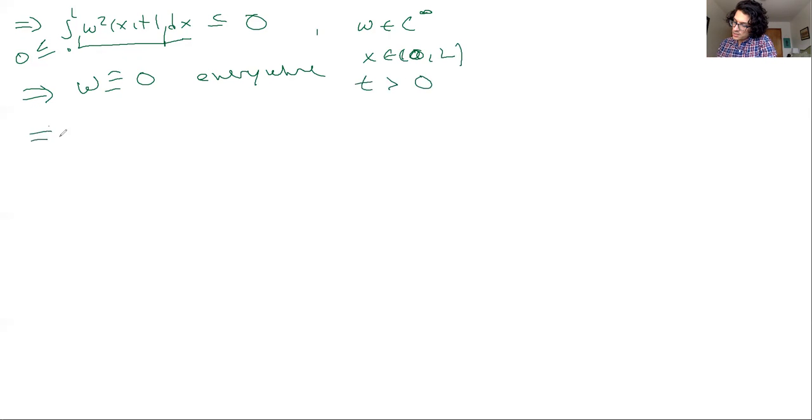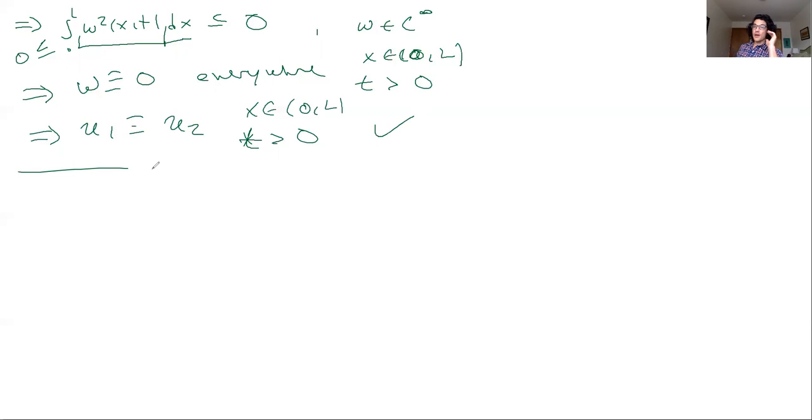So this implies that U1 is equal to U2, wherever x is from 0 to L and t is greater than 0. So that's uniqueness. That works out in the case of the homogeneous Dirichlet boundary condition problem.